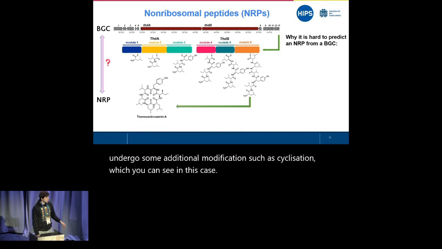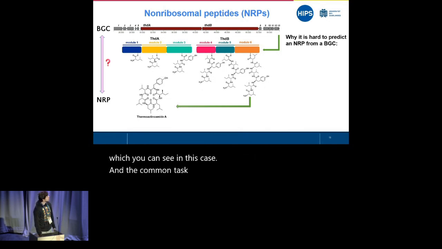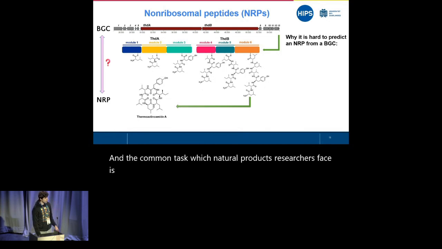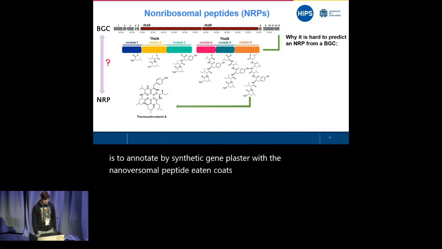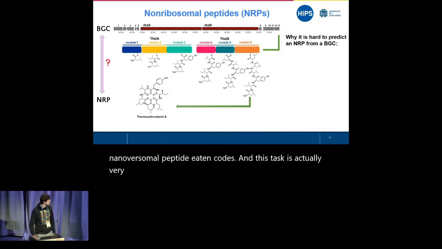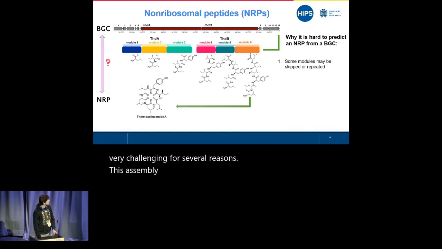The common task which natural products researchers face is to annotate a biosynthetic gene cluster with the nonribosomal peptide it encodes. And this task is actually very challenging for several reasons. First, this assembly line is not straightforward.